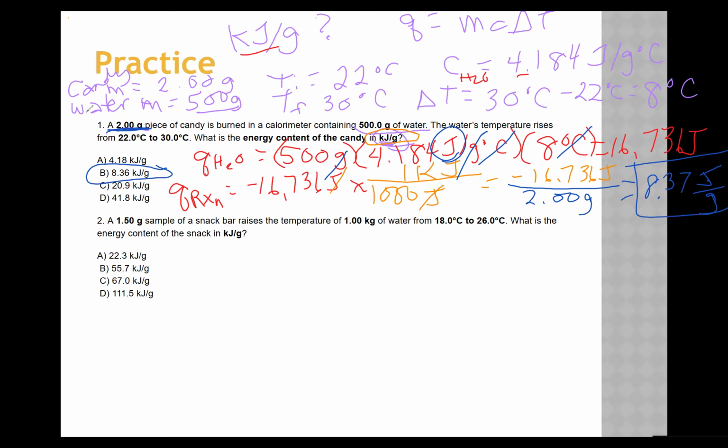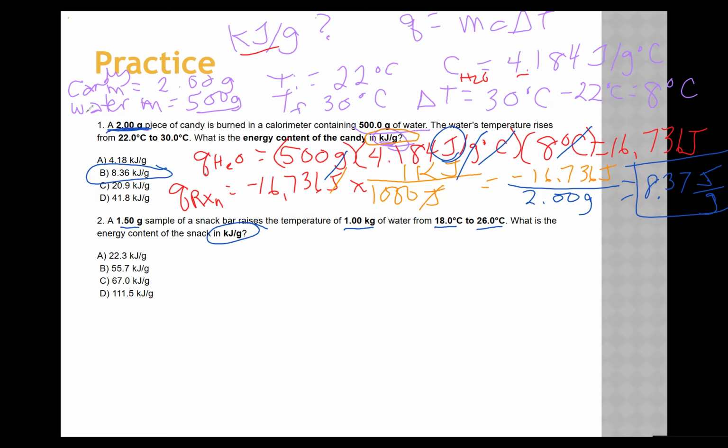We have a 1.50 gram sample of a snack bar, and it raises the temperature of 1 kilogram of water from 18 degrees Celsius to 26 degrees Celsius. What's the energy content of the snack in kilojoules per gram? Same process as up above.